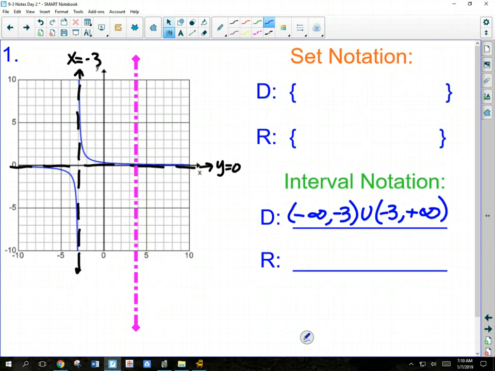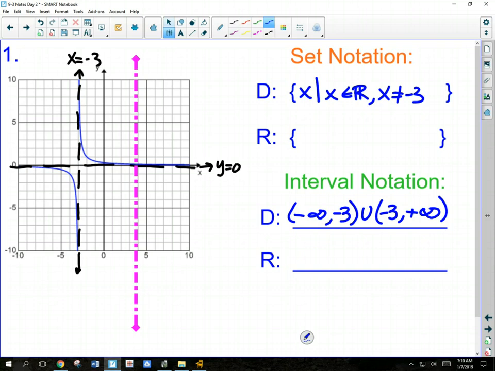When you do your set notation, you can do this a couple of different ways. Some people will write it such that x is all real numbers except x can't be -3. That's one way you can do it.